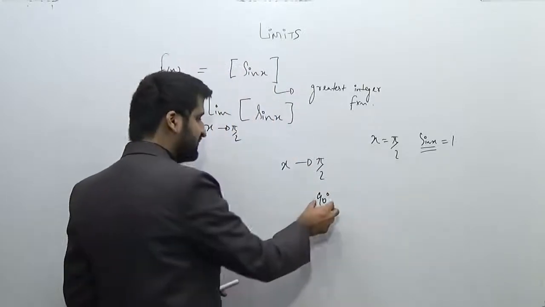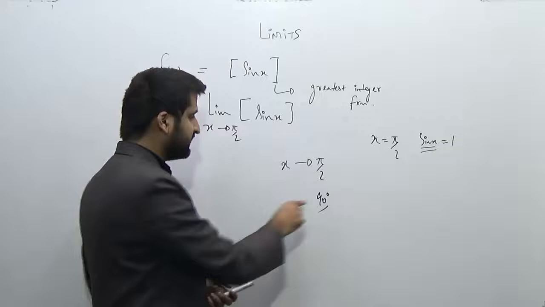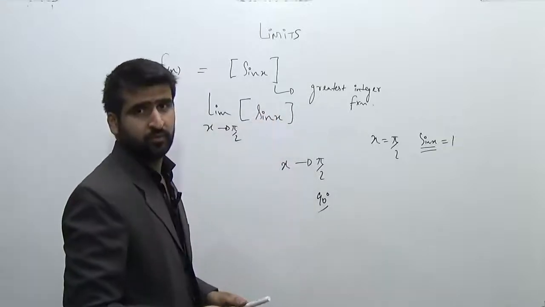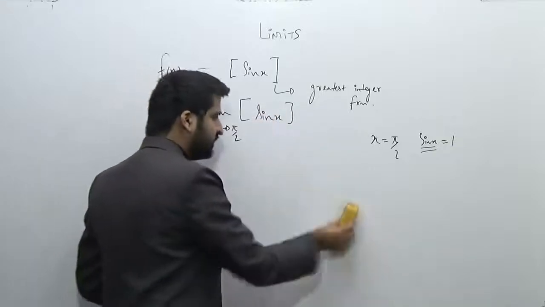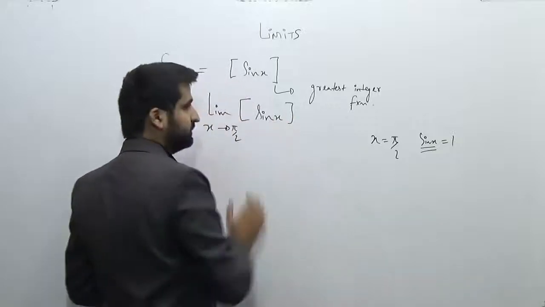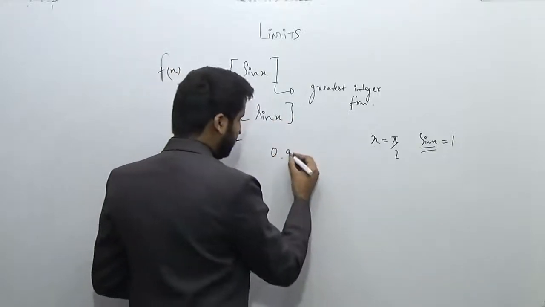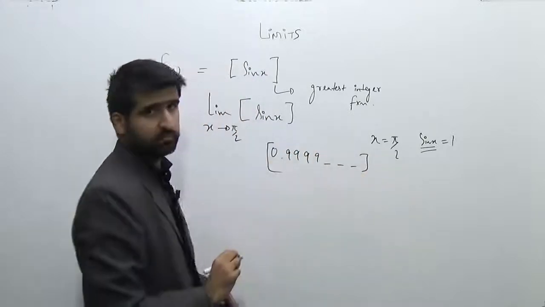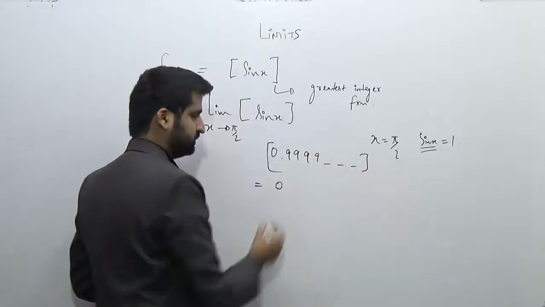When the value of this angle will be a bit smaller than 90 degrees, we know that this value will be a bit smaller than 1. But we know that when we deal with a box, if I have a term like 0.999 and I take a box of this, it will come out to be 0.